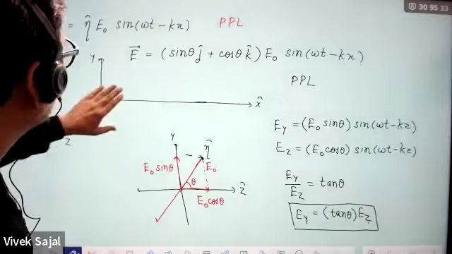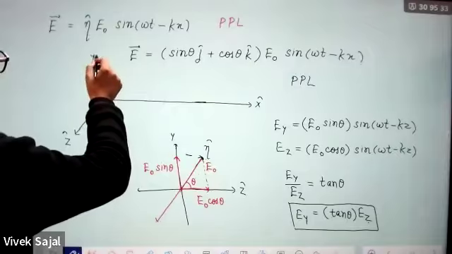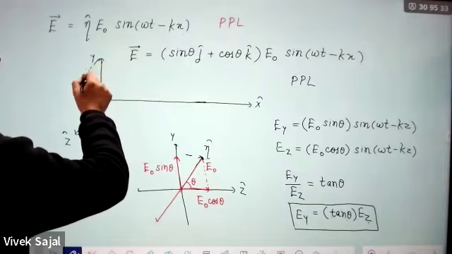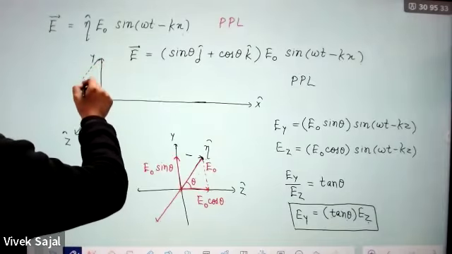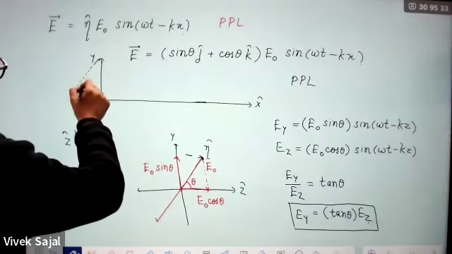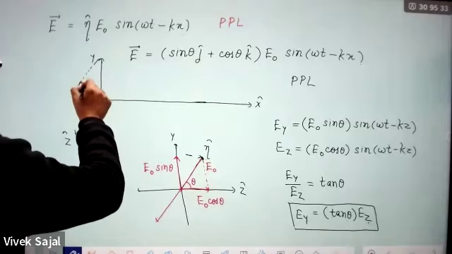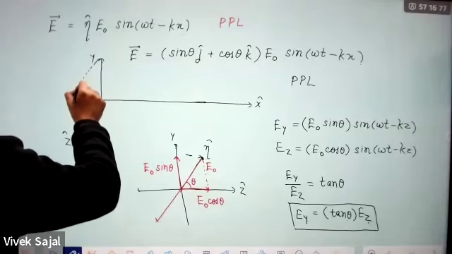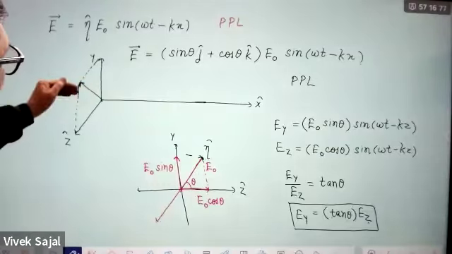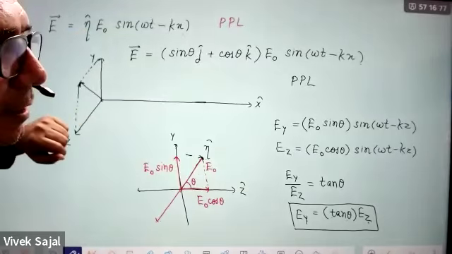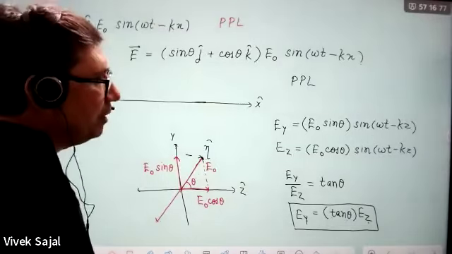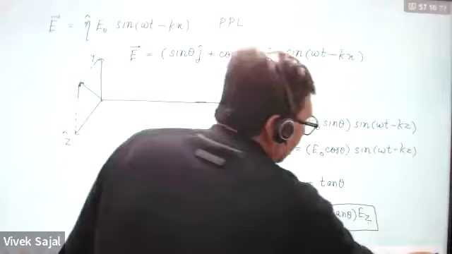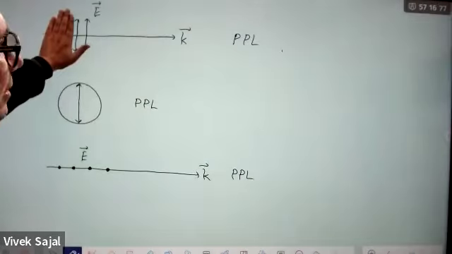This is propagating in x direction, and the electric vector was somewhere here. So I have resolved this in two mutually perpendicular directions, and you can choose one of the directions like this.